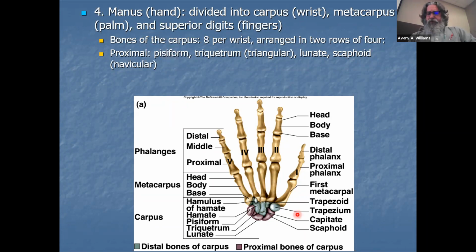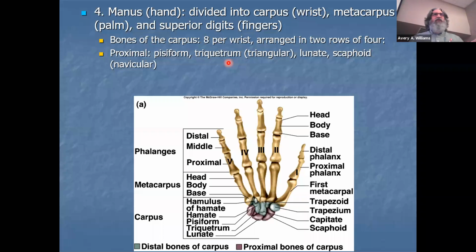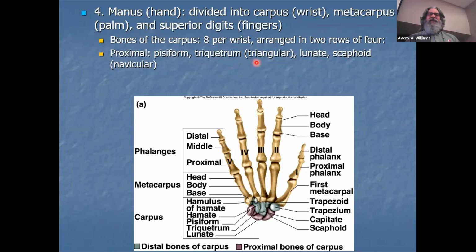So the pisiform, okay, little big guy right here, the purple ones, pisiform, and then next to it is the triquetrum. If you don't like any of that, just call it the triangular because that's what the word means. Triquetrum, triangular, same thing. It has like 3 sides.